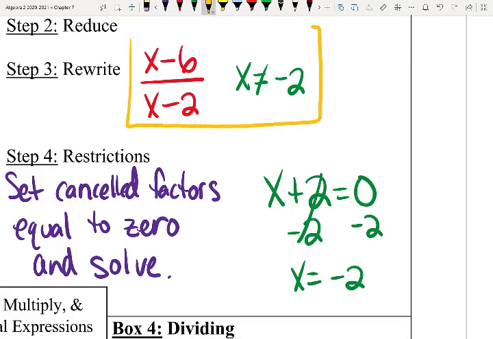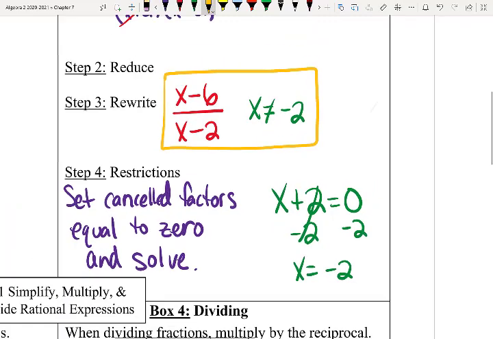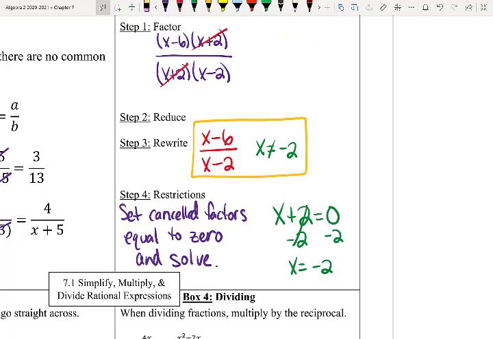I have to include both of those things. Again, we only do that if there are things that were in my denominator to start with that are not in my denominator at the end. In this case, x plus 2 was in my denominator. It's not any longer. That's why x plus 2 equal to 0 gives me my restricted value.